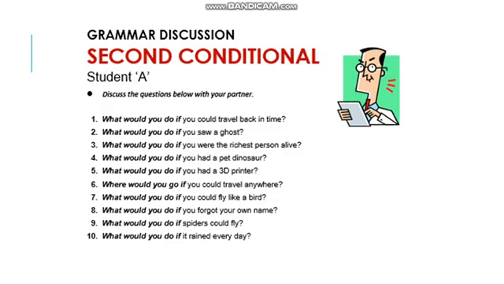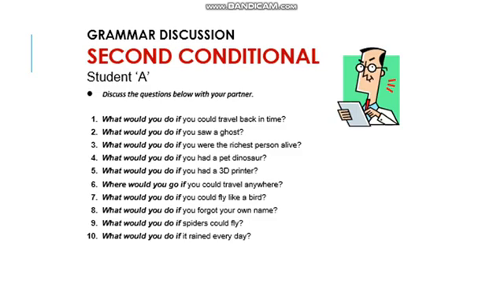Next one is a grammar discussion of the second conditional. Let's discuss the questions below. First, what would you do if you could travel back in time? If I could travel in time, I would something.